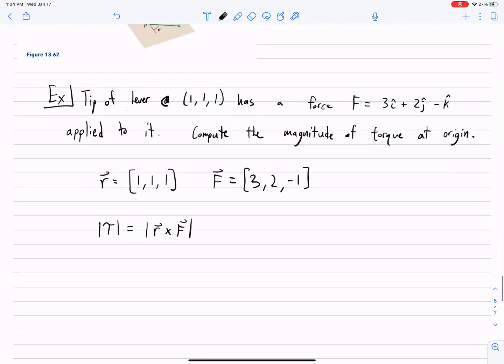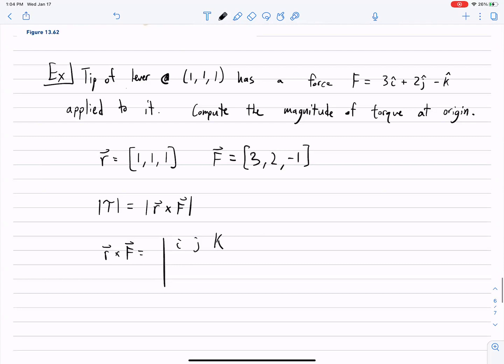So R cross F will equal I, J, K, 1, 1, 1, 3, 2, negative 1. We take the cross product and you get negative 1 minus 2.